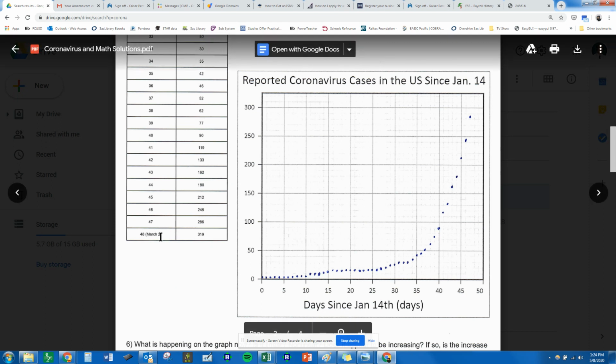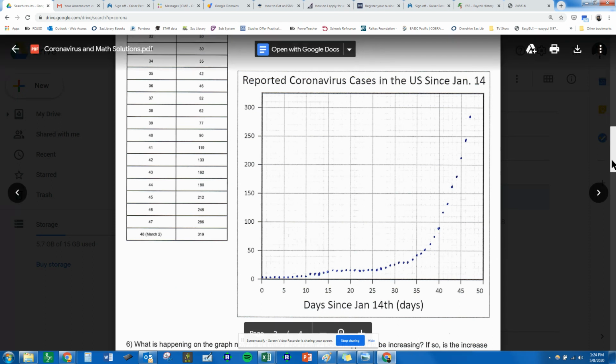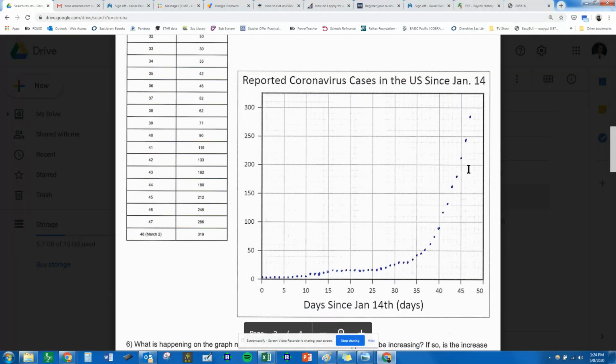And so as you got to March 2nd, just a week and a half before our schools closed, we were starting to see this alarming rise. If this continues, as you start making predictions of 50 days, 100 days into the future, I can imagine being a politician or a health official looking at these numbers.